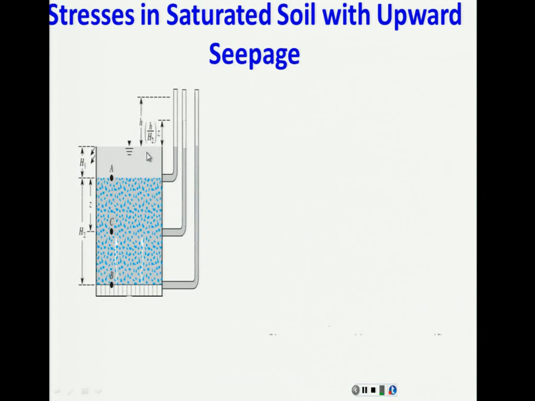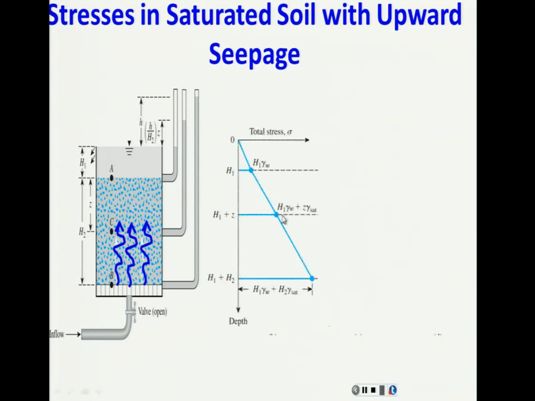If you look at the example now, the experiment, once again, you have this experiment in this part. You have A, B, C, the same thing. The valve was closed and the level of water was the same because the pressure was the same at this point. Now if you open the valve and you start having an upward seepage at that location, the pressure is changing also. The pore water pressure increases wherever the seepage is happening, making the effective stress smaller.